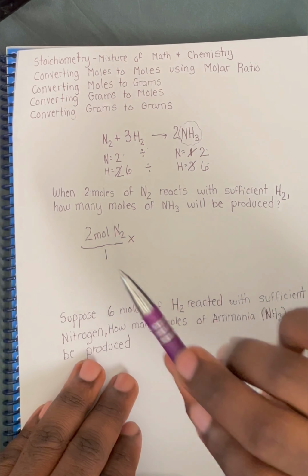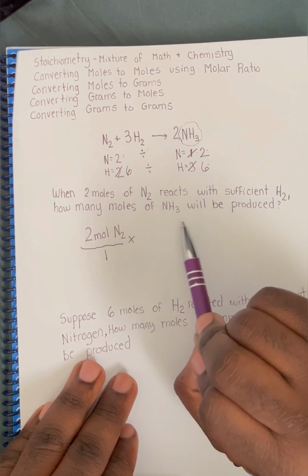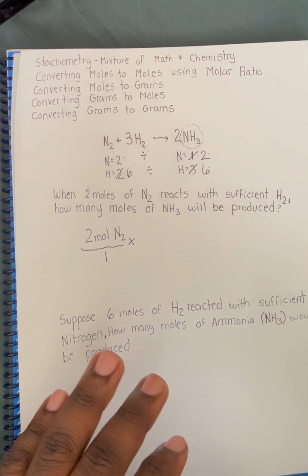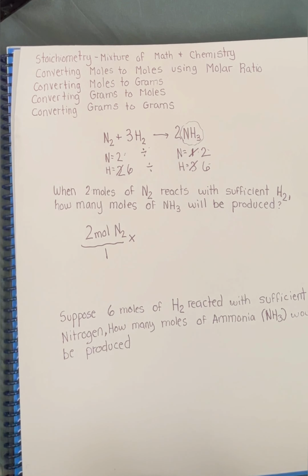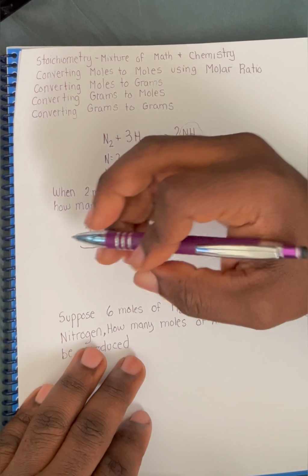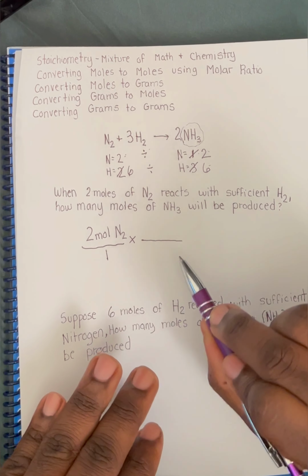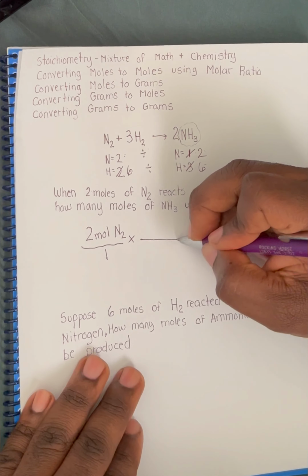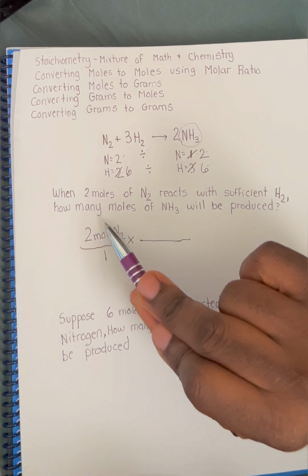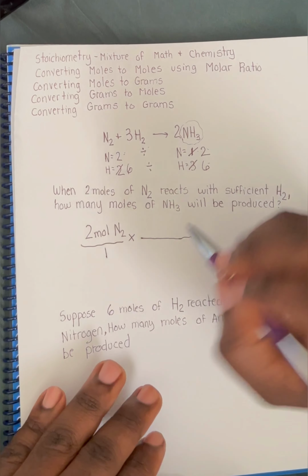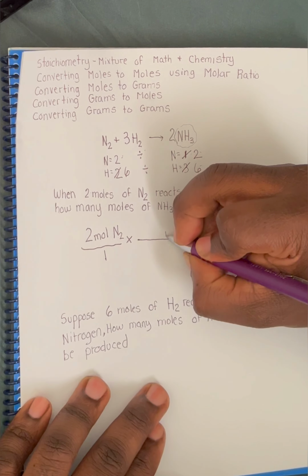And the question is asking how many moles of NH3 will be produced. So when you're doing moles to moles, you're always going to have 2 lines. Whatever you're looking for is going to go on the top. So what we're trying to find, moles of NH3, that's what's going on top.